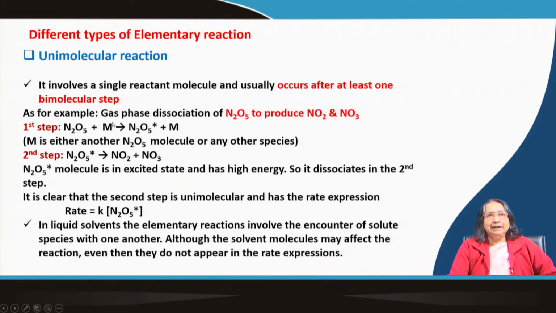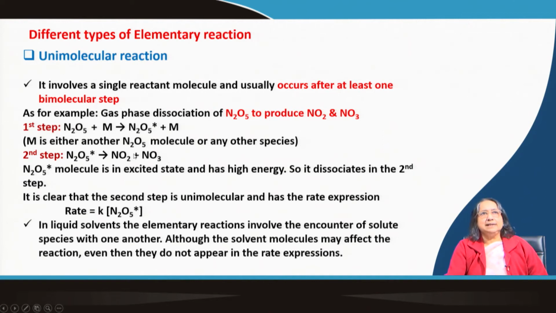When it collides with sufficient energy, then the molecule will go to some excited state. And we know that excited molecules cannot stay there for a long time. So, this is the first step, and in the second step the excited molecule, to show which we use the star here, will decompose into NO2 and NO3.